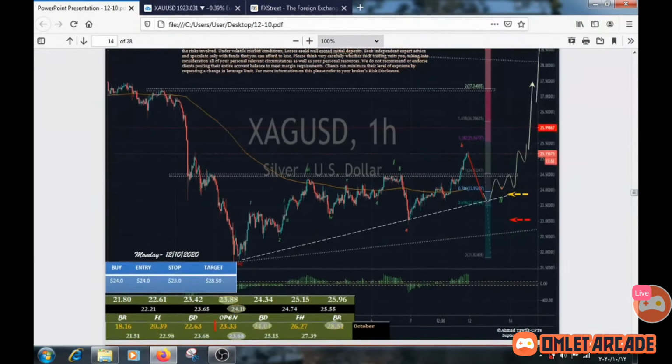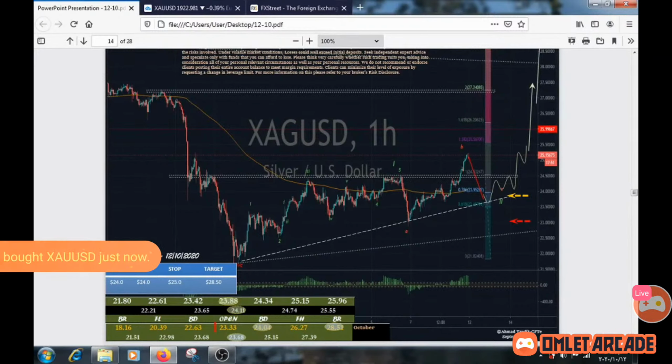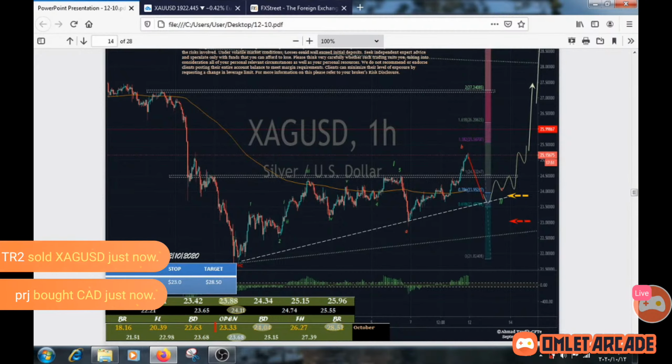So given these levels, and given the monthly and weekly pivot levels, we could expect to add, or if you're not already in, at 2280 and 2260, you could now engage the market at 24. This is the entry, slightly above 61.8%.